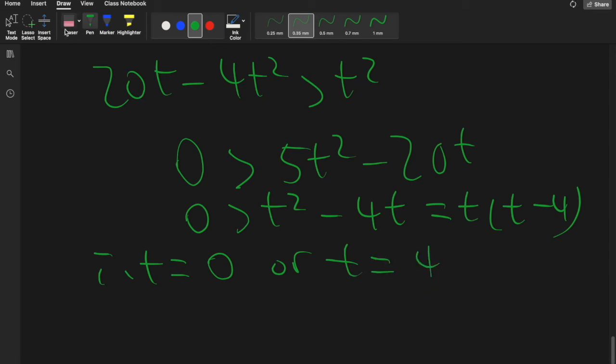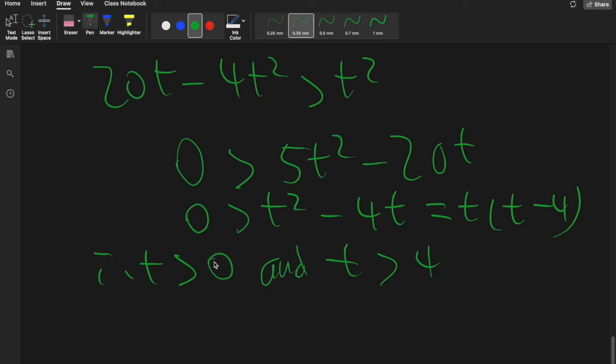No, here, here. Sorry, guys. So t must be greater than 0, and t must be greater than 4. Actually, here should be "and". So why do I write "and" here?